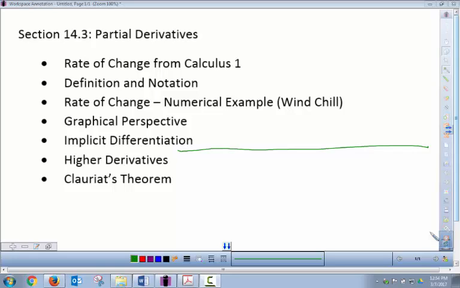So our first task is to look at some higher order derivatives and then apply an interesting theorem for nice continuous functions that will be useful for us sometime in the future.